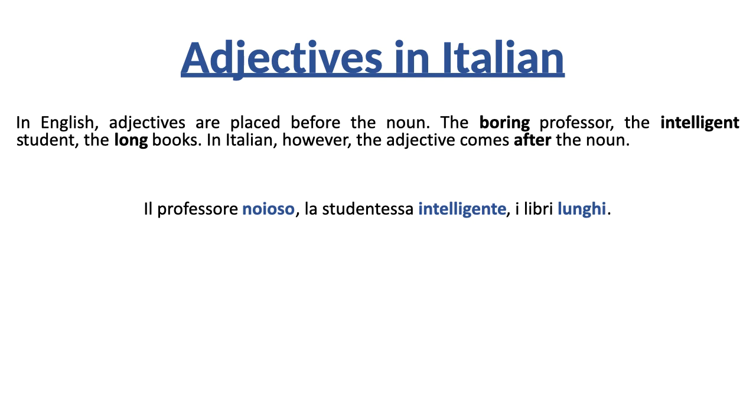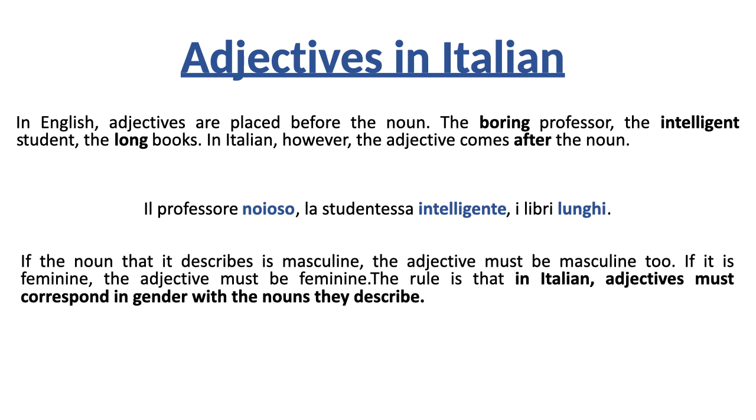And then another very important rule is the gender of adjectives. Okay? We talked about nouns in Italian having gender, right? We also talked today about adjectives describing nouns. So it makes sense, if you think about it, that the adjective has the same gender as the noun it is describing.